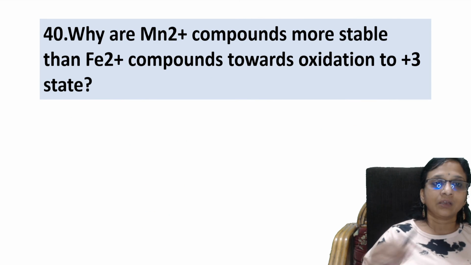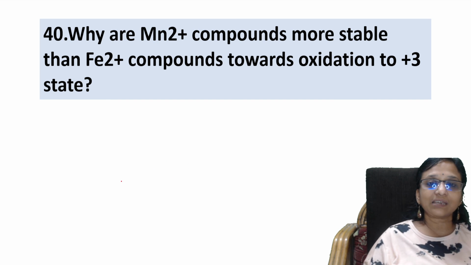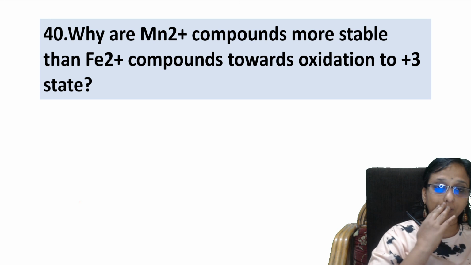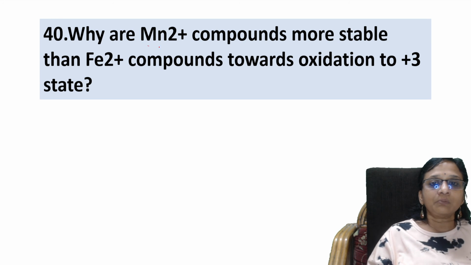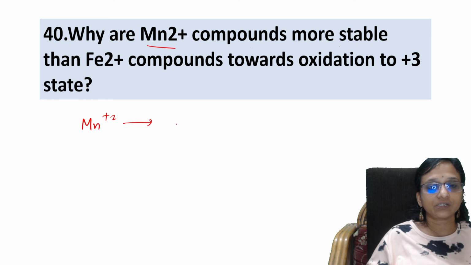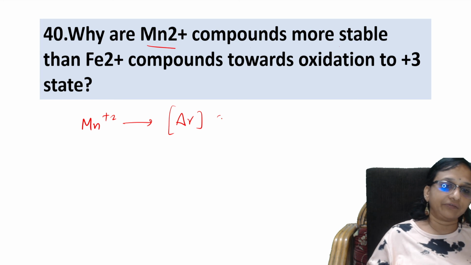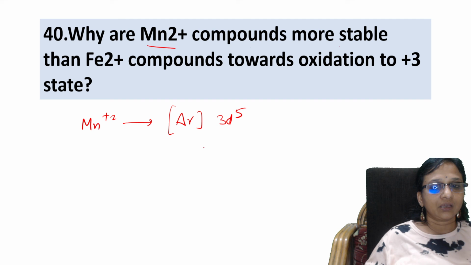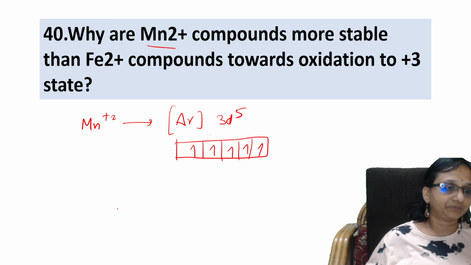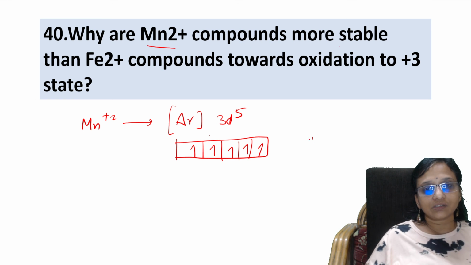Next question. Why are Mn plus 2 compounds more stable than Fe plus 2 compounds towards oxidation to plus 3? Okay, understand. Mn plus 2 compounds are more stable than Fe plus 2. Okay, careful. Let us write Mn plus 2. What is the configuration? Argon 3d5. Done. In this, all the electrons are singly occupied. So this is a stable electronic configuration.